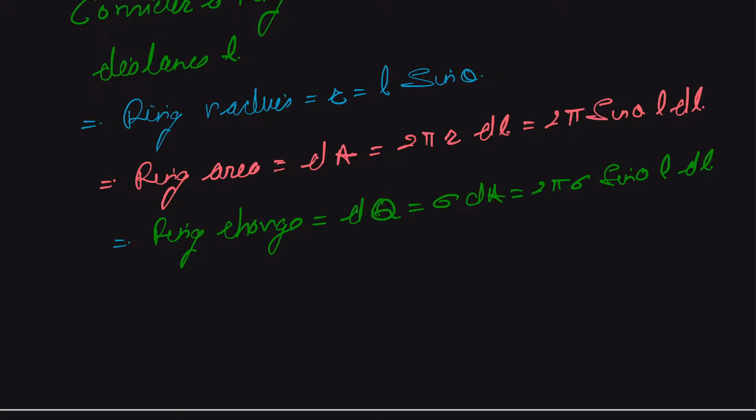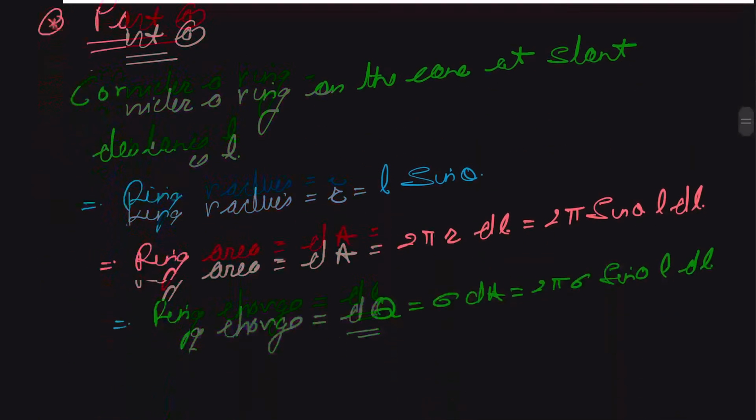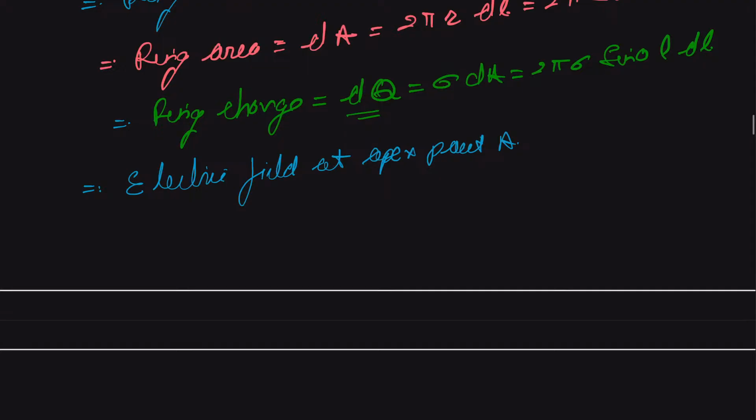Now we can easily find out what will be the field because of this ring charge dq at the apex, at this charge q, and let us call this point A. So we can write the electric field at apex, that is point A. So we can write dE will be equal to k times dq divided by L square.